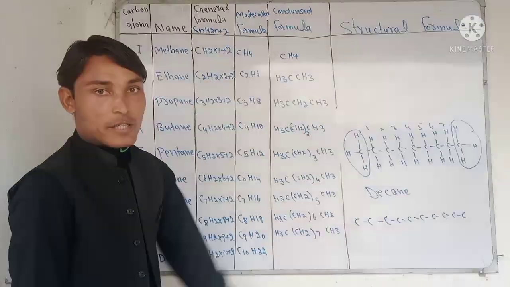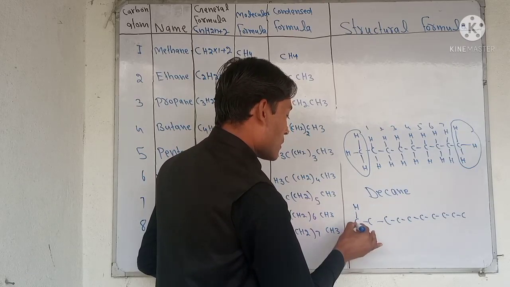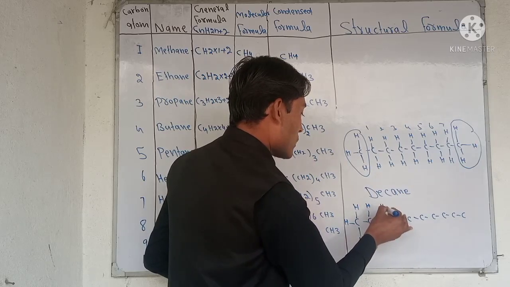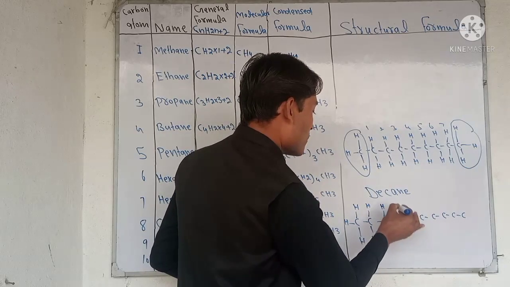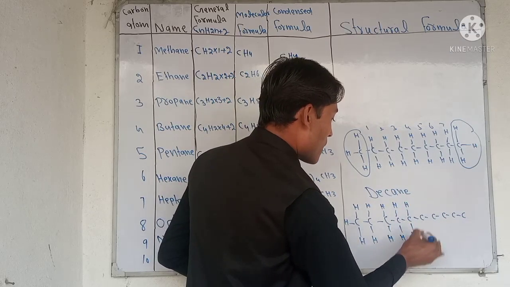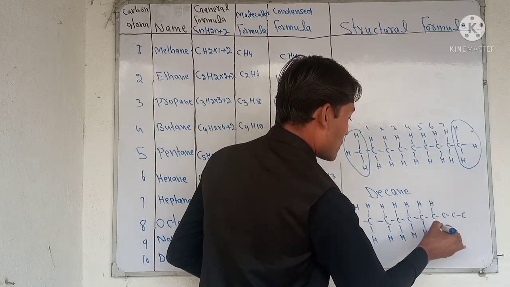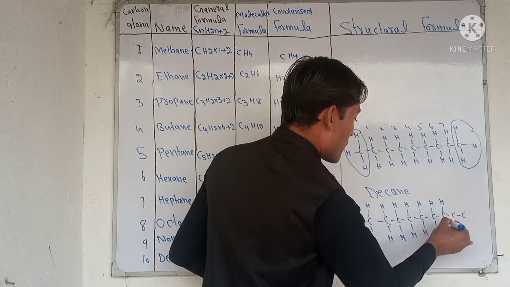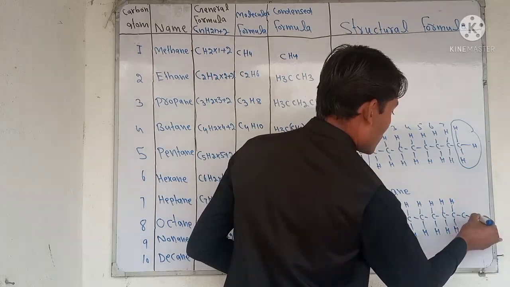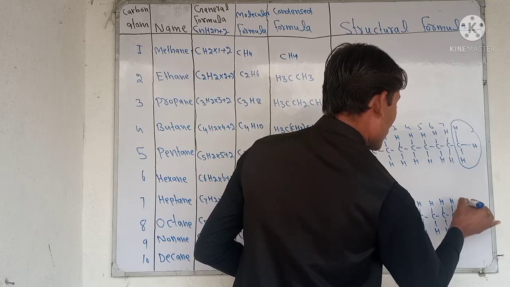So the number of carbon is 10, and also we can draw hydrogens on each carbon, here, here and here.